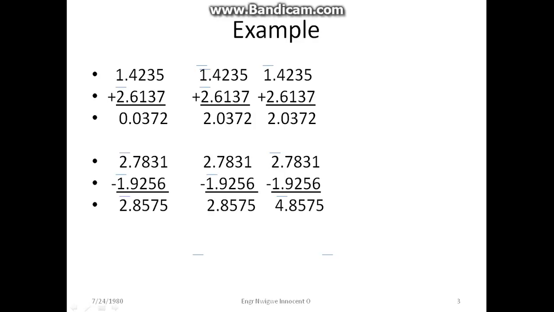Then we borrow 1 from 8 and give it to 2 to become 12 minus 5 is 7. 8 is now remaining 7. 7 minus 2 is 5. Then 7 cannot minus 9. Then we borrow 1 from 2 and make it 17. 17 minus 9 will give us 8. Then what is remaining there is bar 1.